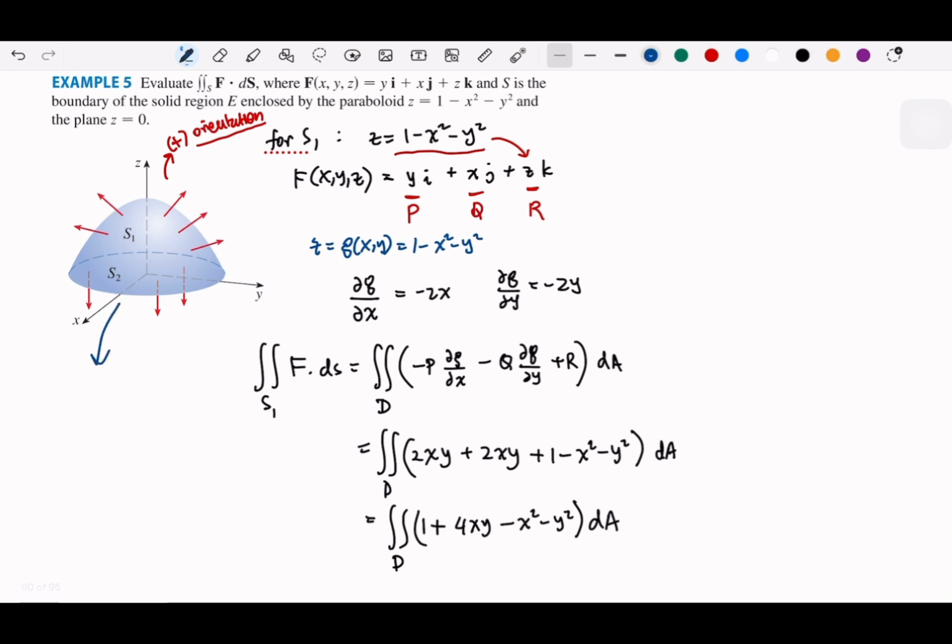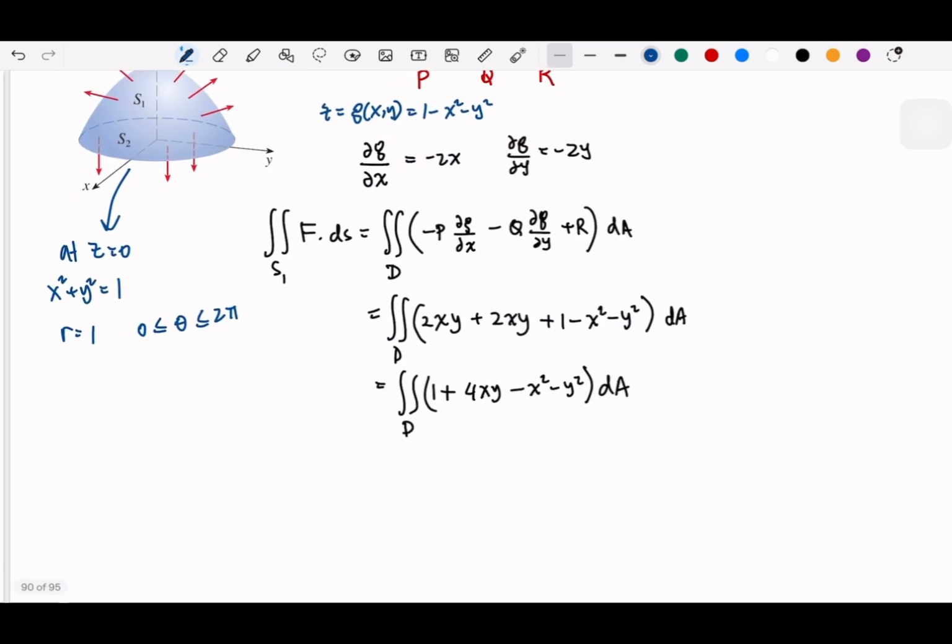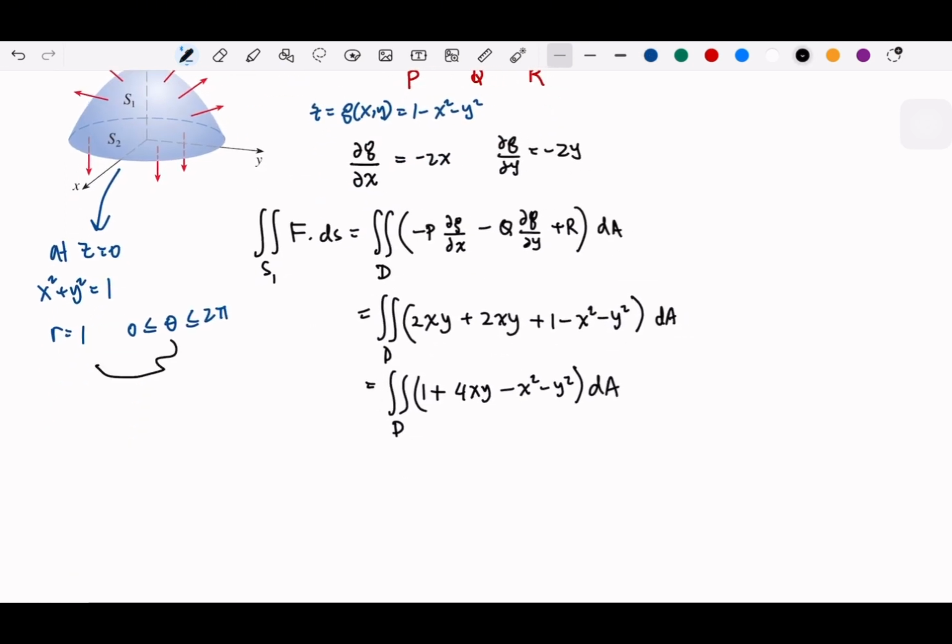So at z equals 0, then x squared plus y squared is equal to 1. So the circle will have a radius 1, and theta will be the full circle from 0 to 2 pi. So we can use this as a conversion.